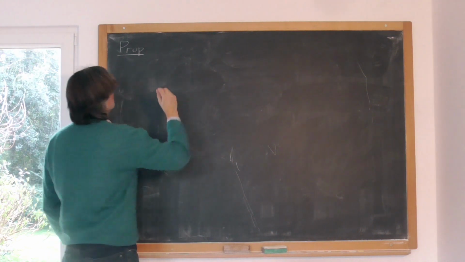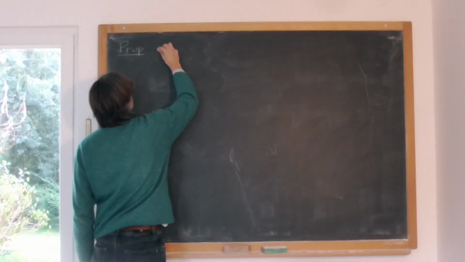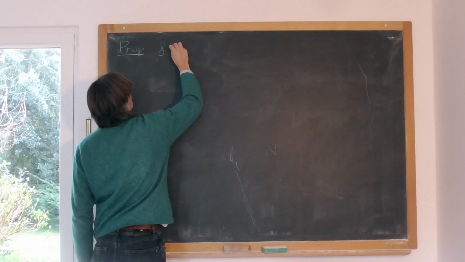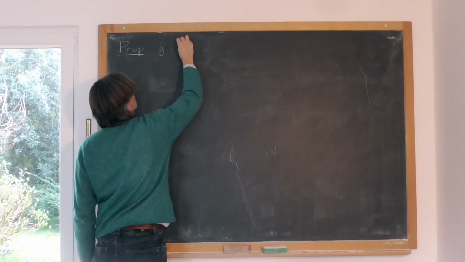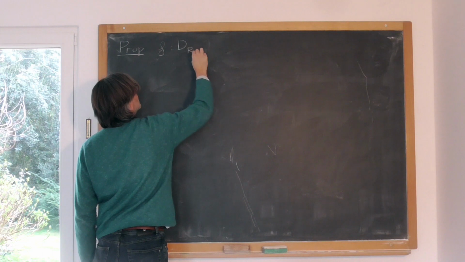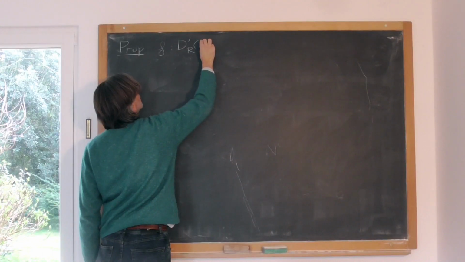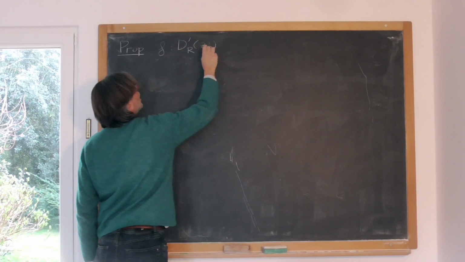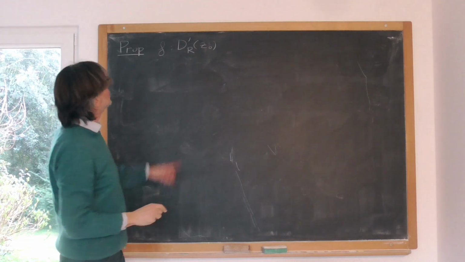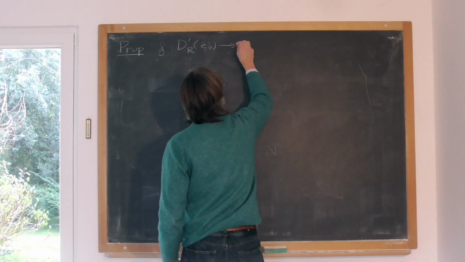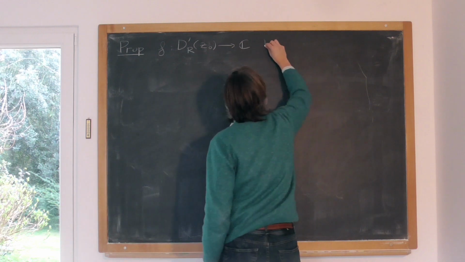Here is the proposition. Let's say that we have our function f, or let's say we can also reduce the domain. It's defined on this punctured disk around z0, radius r, values in C, and it's holomorphic.